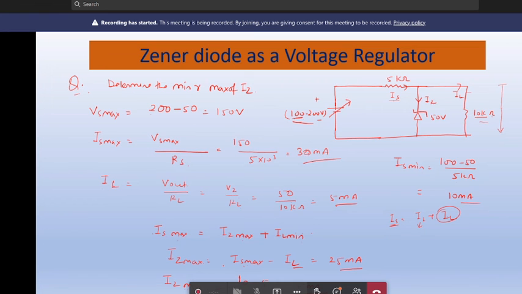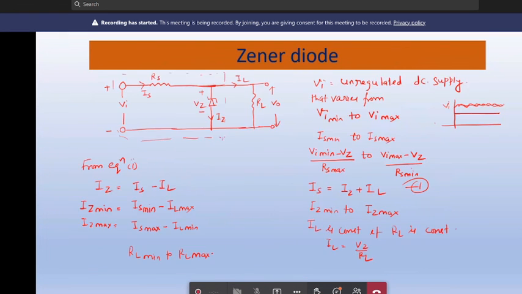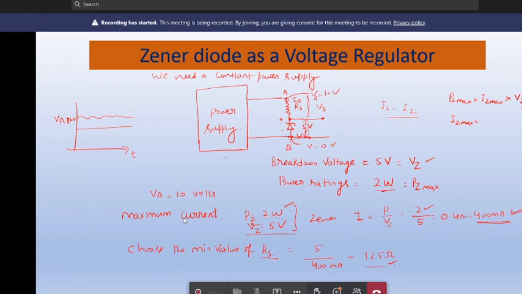Just see that IZ min will be equal to IS min minus IL max, because if the zener current is minimum, the maximum current is flowing through the load, and if the zener current is maximum, then the minimum current is flowing through the load, right? Okay, I understood. Thank you, sir.